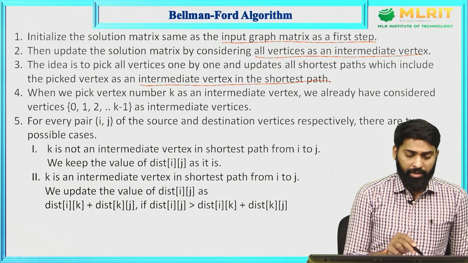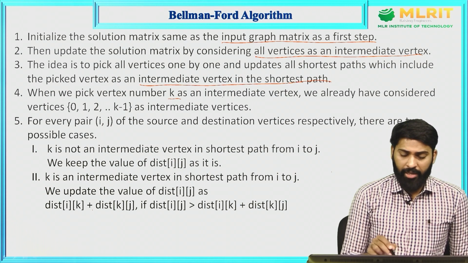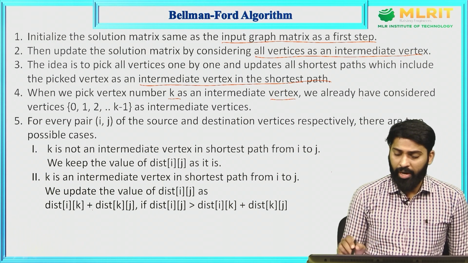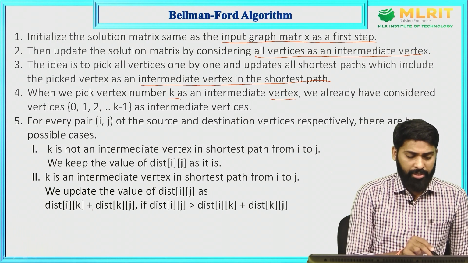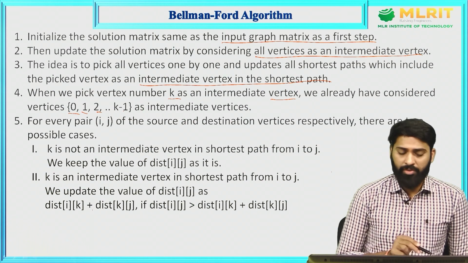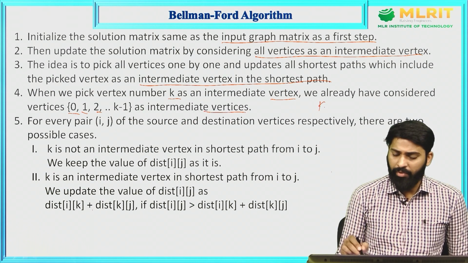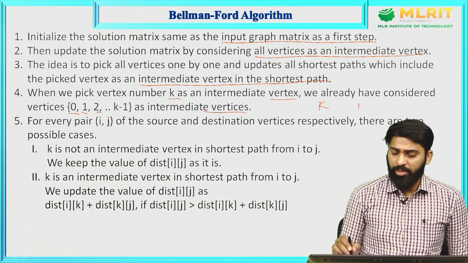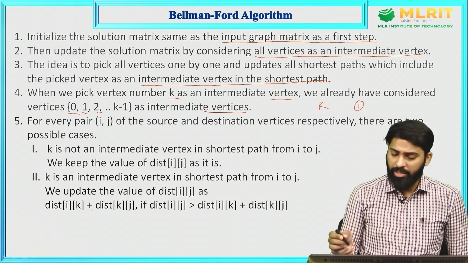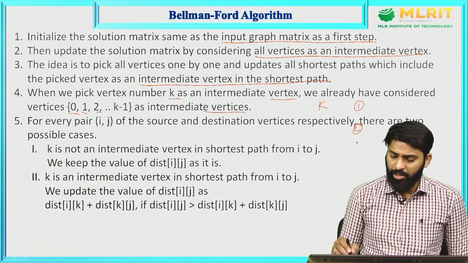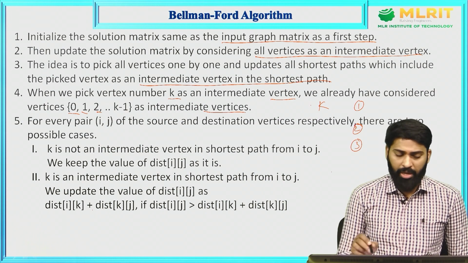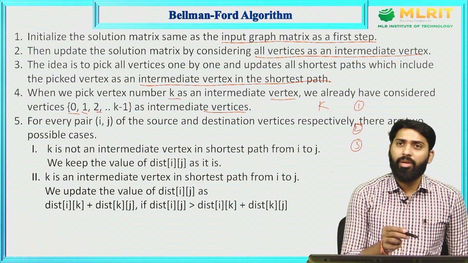So when we pick vertex number k as an intermediate vertex, we already have considered vertices 0, 1, 2 up to k minus 1 as intermediate vertices. What it means? If there are k vertices, first we are going to consider 1 as an intermediate vertex, in second iteration 2, in third iteration 3. Okay, except k, we are going to take all the remaining vertices.